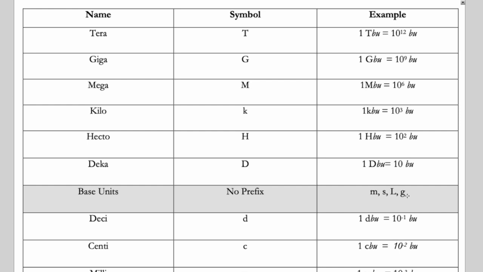So for example, when we're talking about mass, especially in Europe, they'll talk about the kilogram. Kilo is the prefix, gram is the base unit. Or you can talk about a kilometer. Kilo, again, is the prefix, meter is the base unit. So a kilometer is a measure of distance.